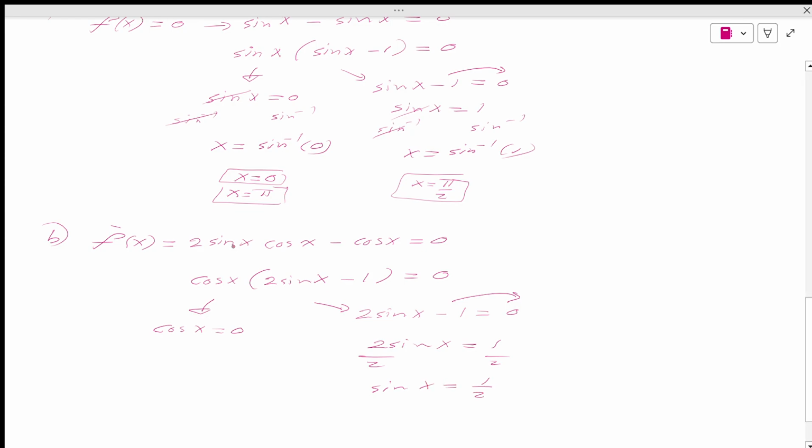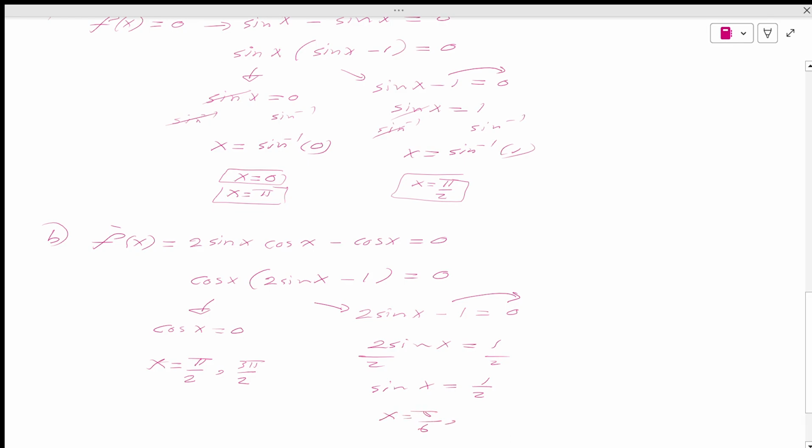When cos of x equals 0, x equals 90 degrees, which is pi over 2, and 3 pi over 2. Because cos of pi over 2 is 0, cos of 3 pi over 2 is also 0. Now when sine of x equals half, x equals 30 degrees, which is pi over 6.